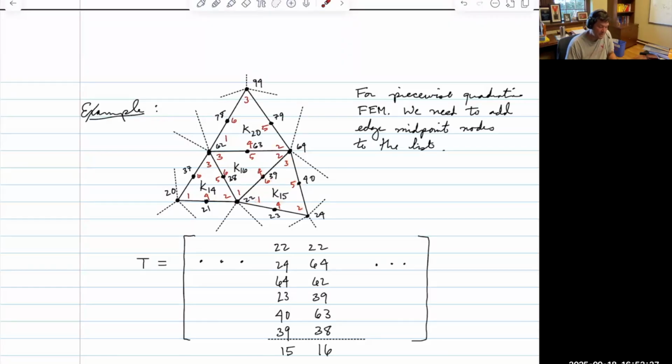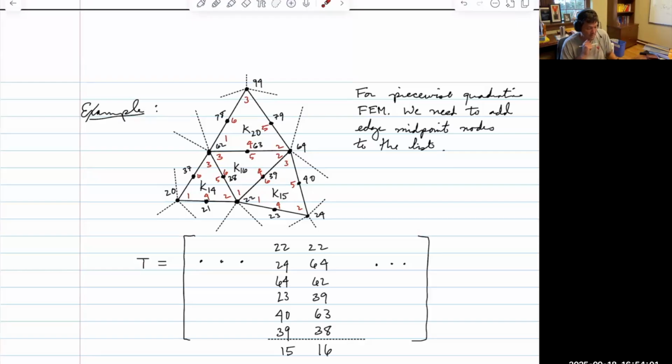Again, always in clockwise order. We could have done it differently. We could have said this is 1, 2, 3, 4, 5, and 6. Why do we keep the numbering that we've chosen here? Well, because the local node numberings of the vertices are still the same as they were in the piecewise linear case.